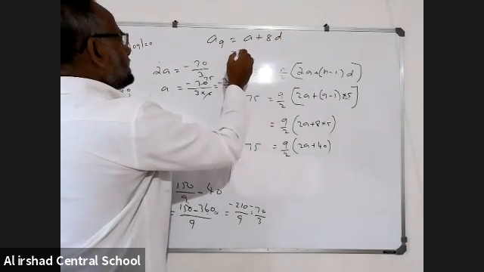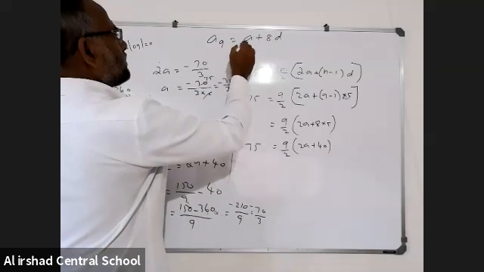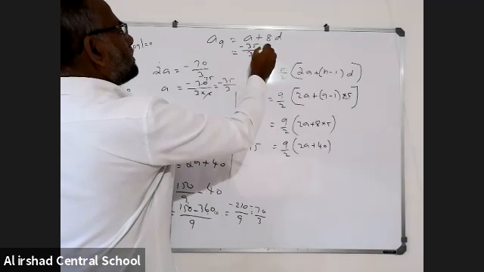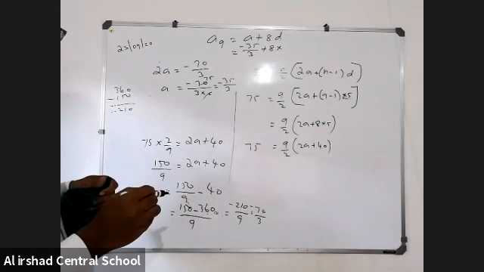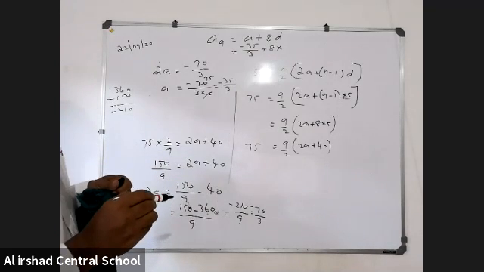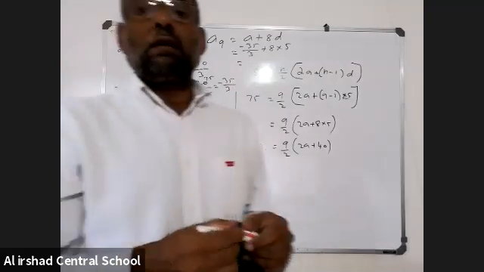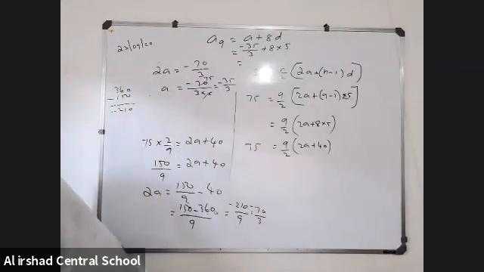That means a is minus 35 by 3 plus 8 into d. What is your d? d is how much here? 5. Okay, you are getting the same answer. I am not doing that because time is running. Calculation problem.